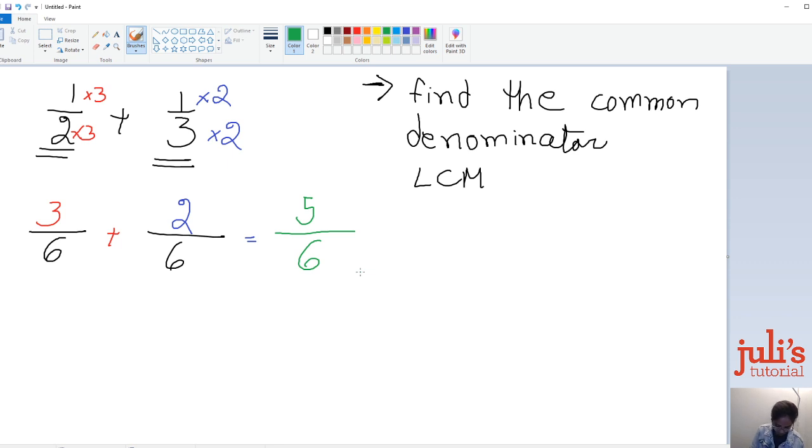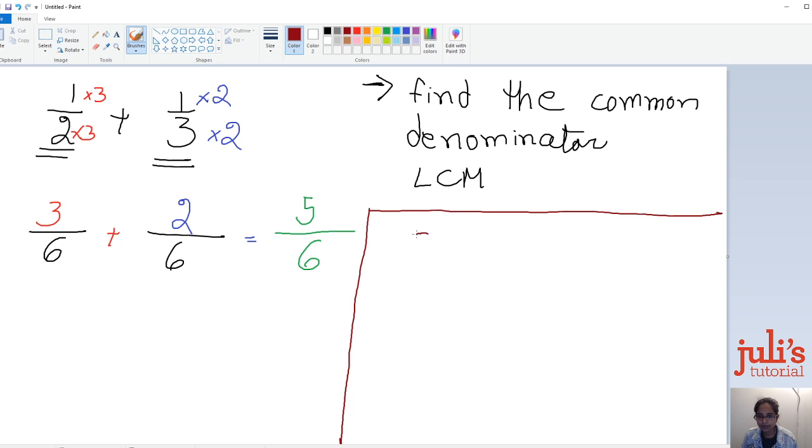Okay, question number 2. 3/4 minus 1/2. We're gonna do it right here. Okay, same idea. We're finding the common denominator, least common denominator, because the denominators are not the same. We know our common denominator in this case is going to be 4.